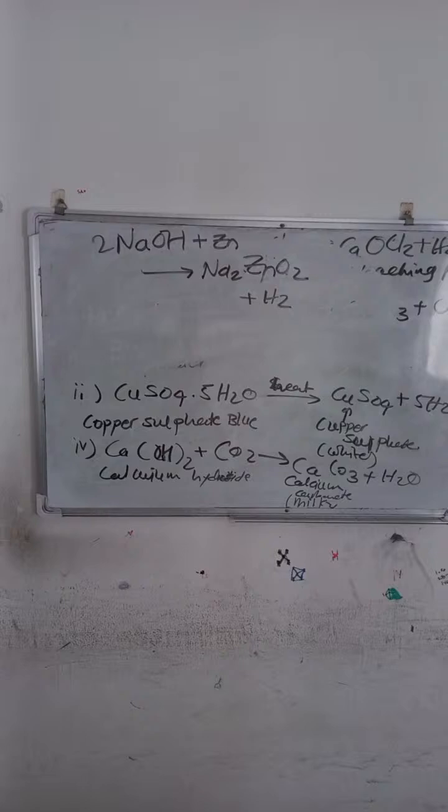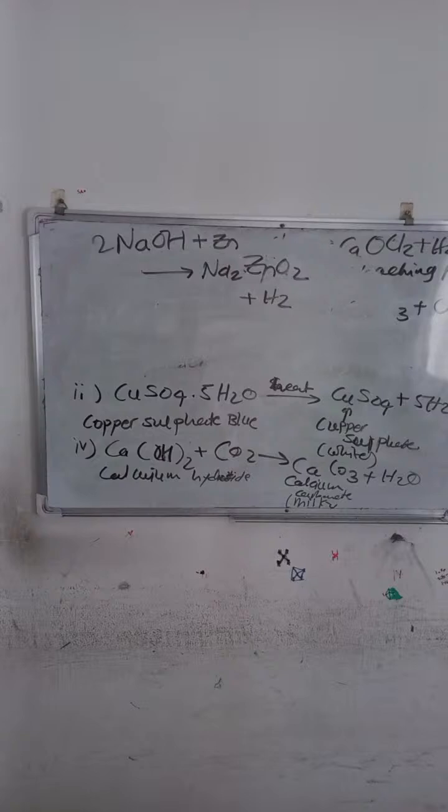I will ask the MCQ. If you know the answer, just type it over there. Which one of the following greenhouse gases is a contributor due to incomplete combustion of coal and petroleum?